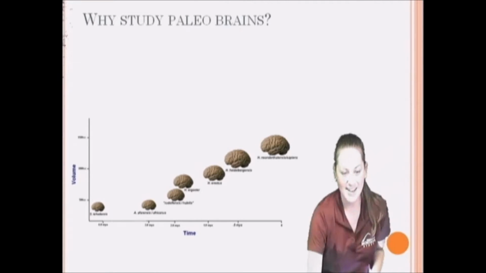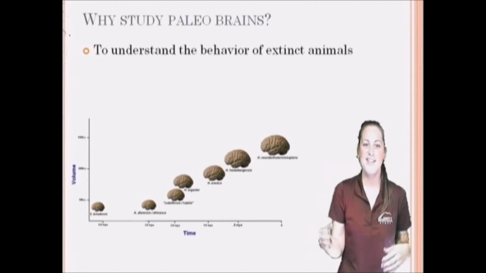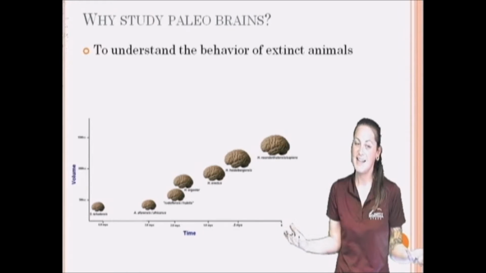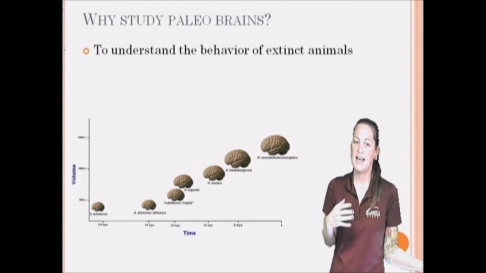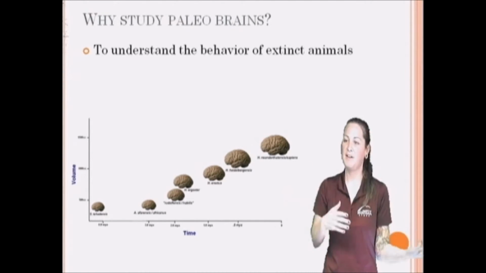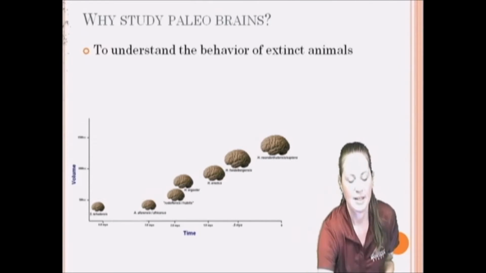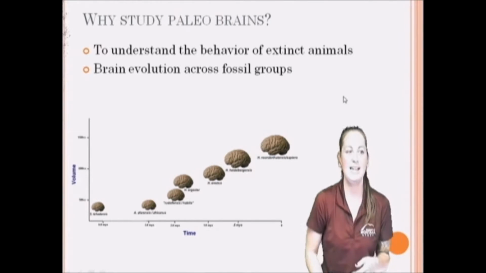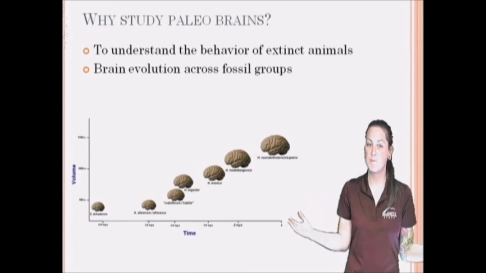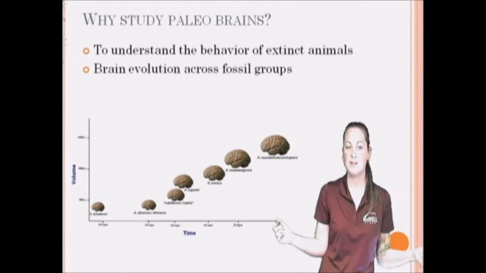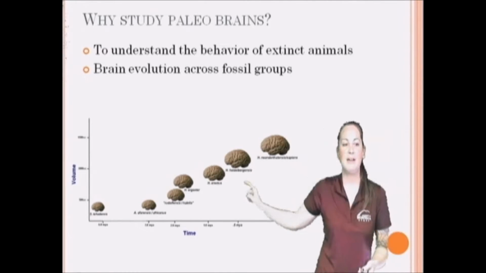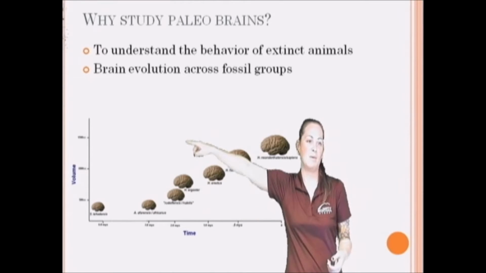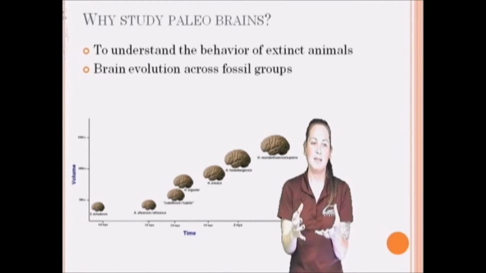Yes, exactly. So one is to understand the behavior of extinct animals. Behavior and brain evolution are very, very closely tied. Then I think what you mentioned is brain evolution across fossil groups. This one's very important for human evolution. I've got some brains up here. Time is on the bottom, volume over there, so how much volume these brains take up.